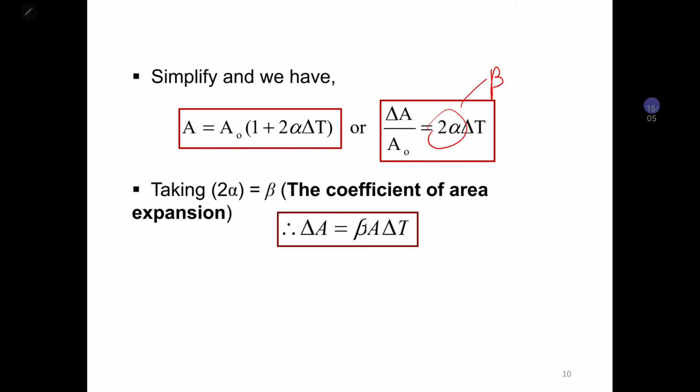Okay, you get delta A is equal to beta A naught delta T. So that's the equation for area expansion.